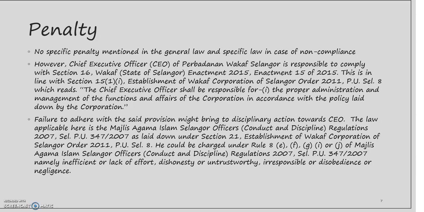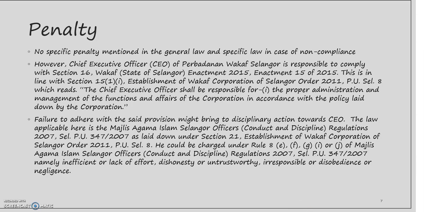As for Perbadanan Wakaf Selangor, the highest authority is the CEO, and so the CEO can be subjected to disciplinary action under the Majlis Agama Islam Selangor Officers Regulation 2007.